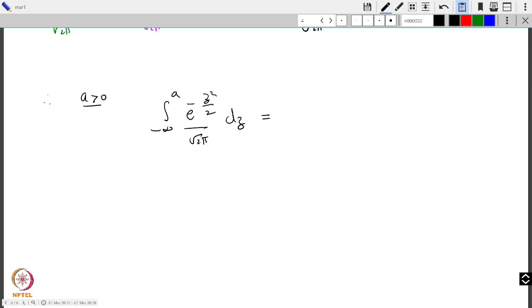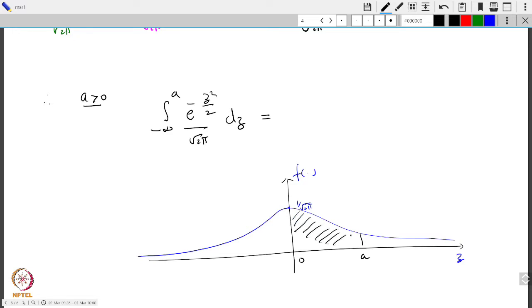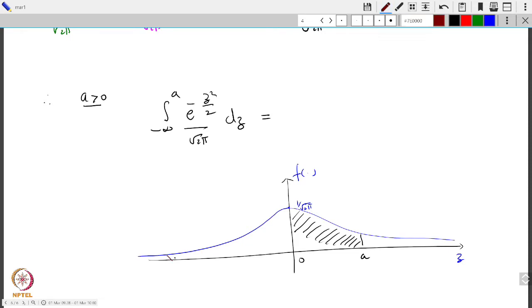That's going to be, let's copy the function again, come here again, let me erase all these guys. So a is here, right? So the integral is the entire region below this, but I'll write it like this black part, right? And this maroon part, which we know is half.